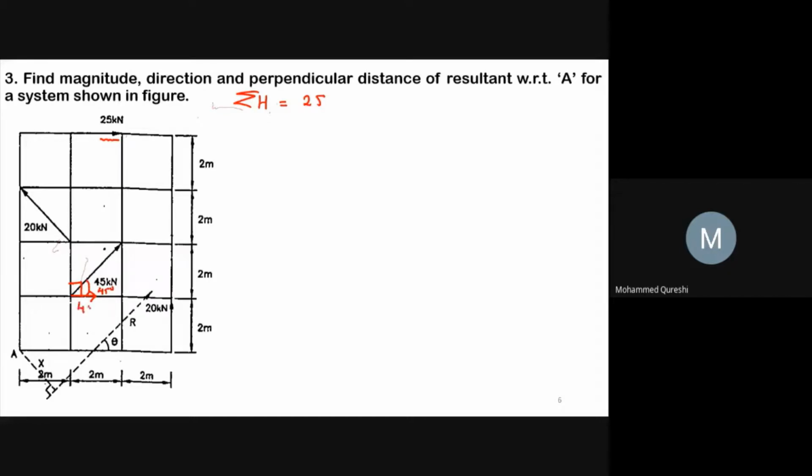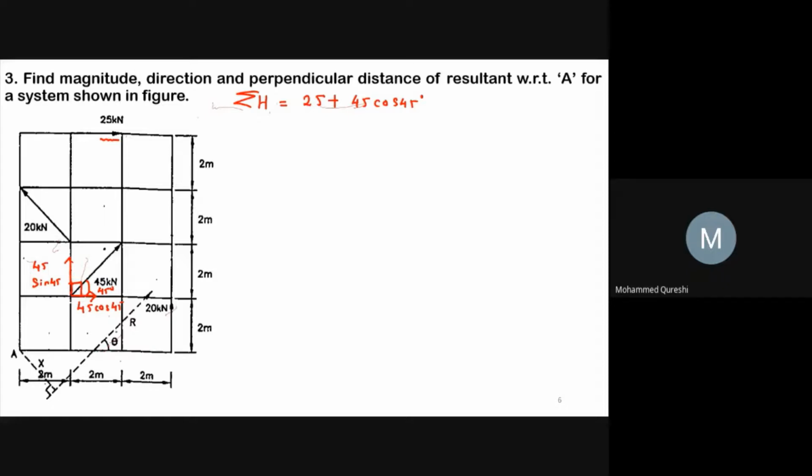So 45 cos 45, and the other component will be 45 sin 45. This 45 cos 45 is going towards positive x-axis, hence I will write positive 45 cos 45 degree.